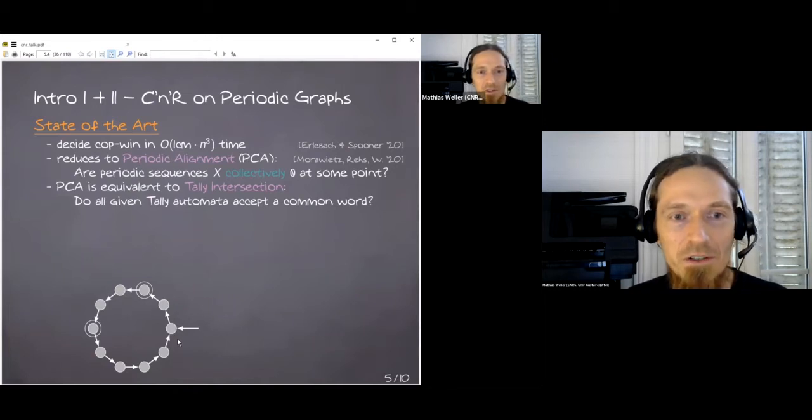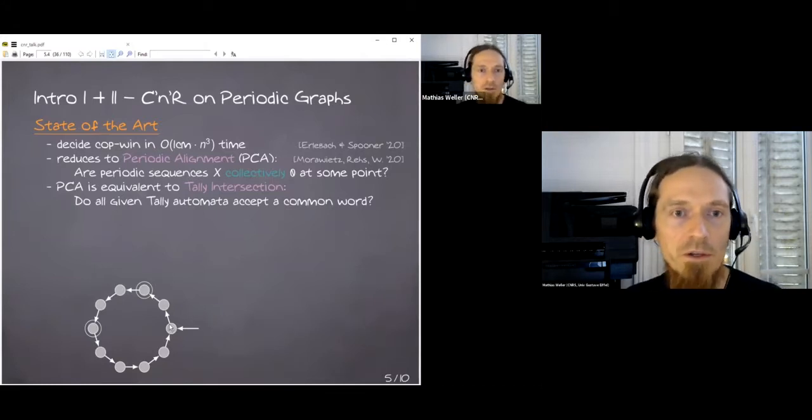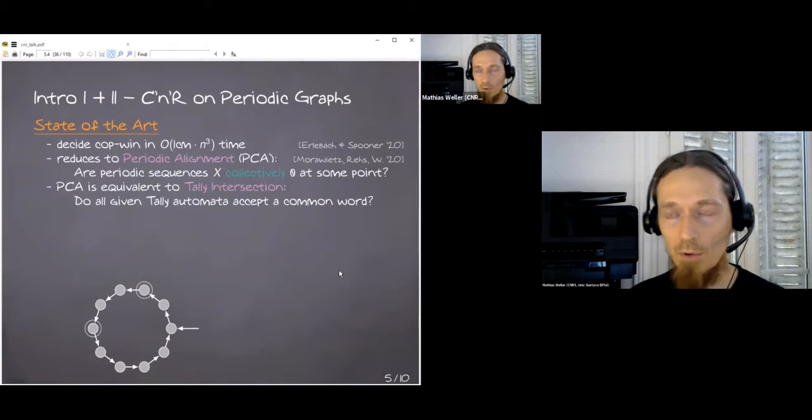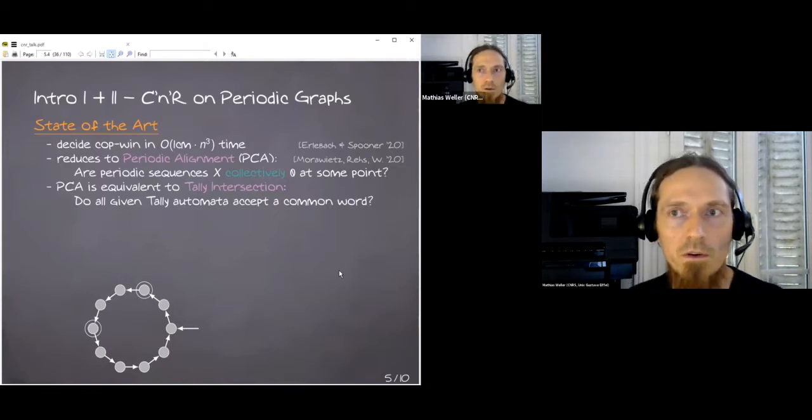Its states are arranged in a circle, and a couple of the states will be accepting. So now you can imagine all the non-accepting states have a 1, and the accepting states have a 0, which is then exactly equivalent to our periodic alignment problem. Okay, so these are equivalent.